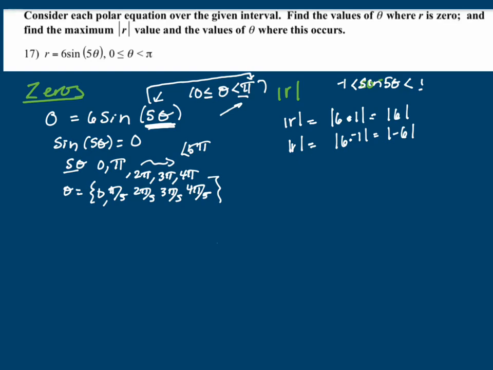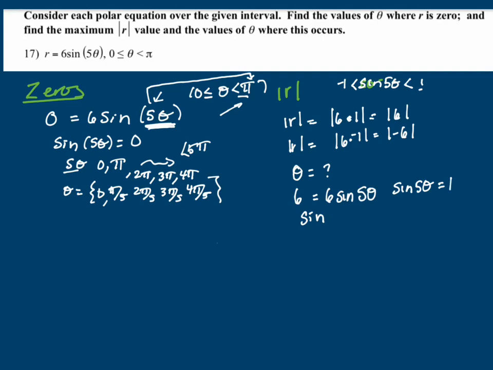So let's find the angles where that occurs. So theta equals what? Take the number 6, that's our new r, equals 6 sine of 5 theta. So you put the 6 in, and so sine of 5 theta is equal to 1.